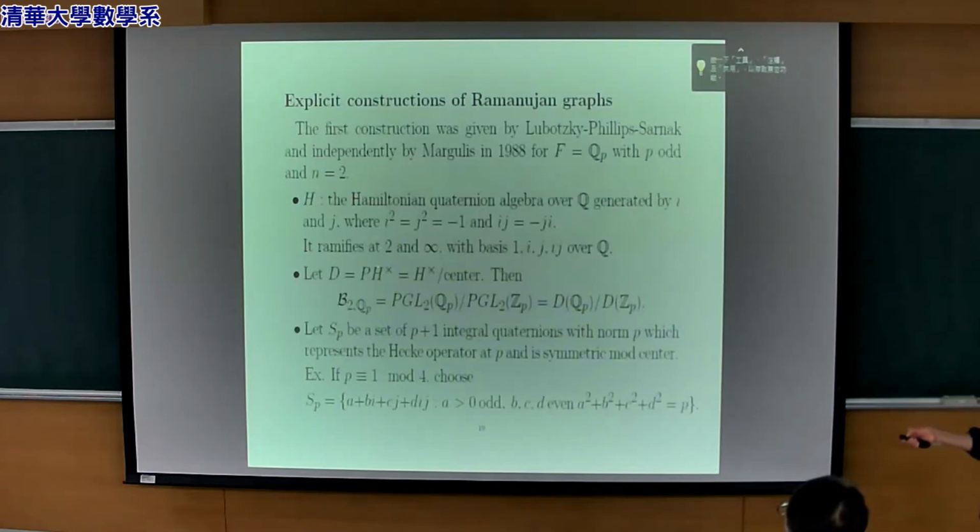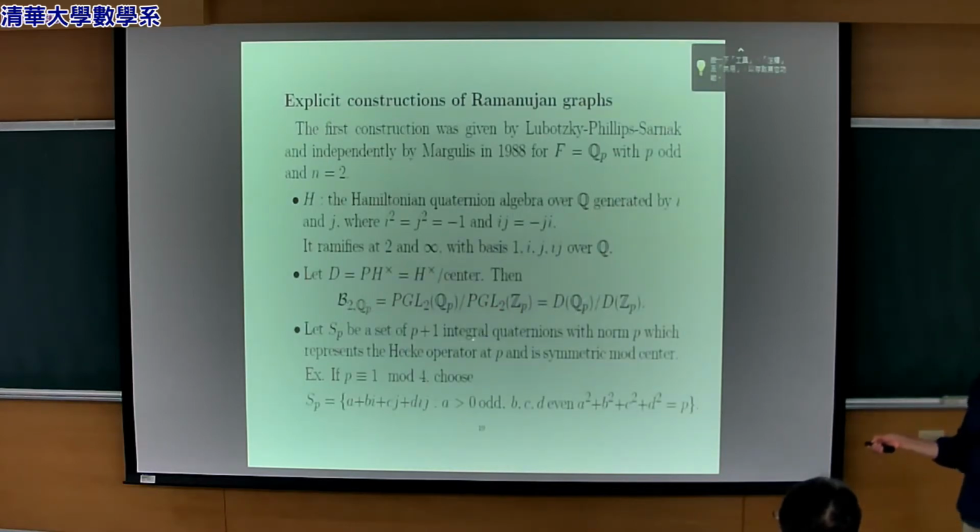And the group here we take is the multiplicative group modulo the center. Because our prime p is odd, the Hamiltonian quaternion algebra is unramified there. So if we look at the Q_p points of the group modulo its maximal compact, it's the same as PGL_2(Q_p) modulo its maximal compact. That's precisely the beauty.